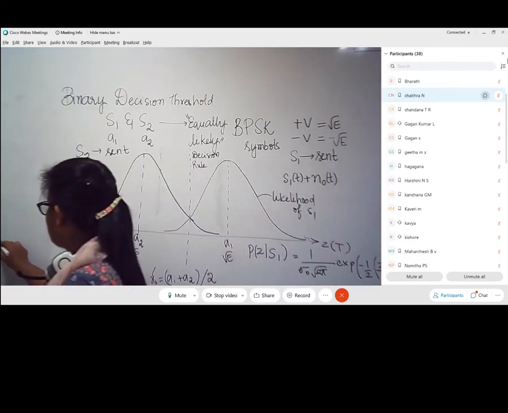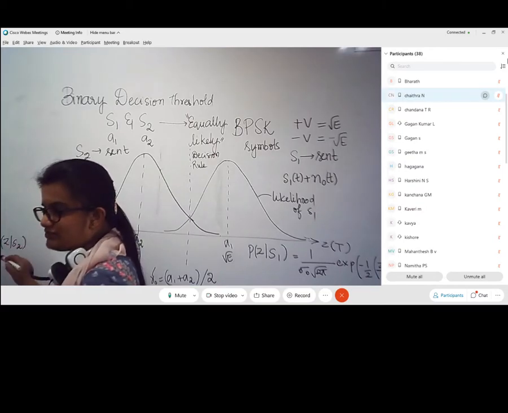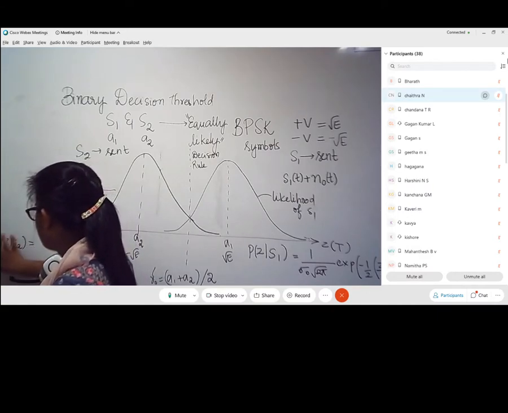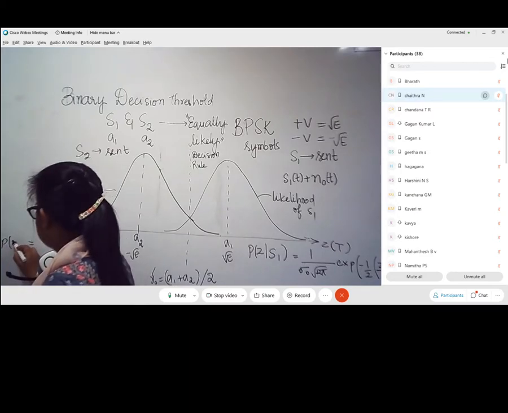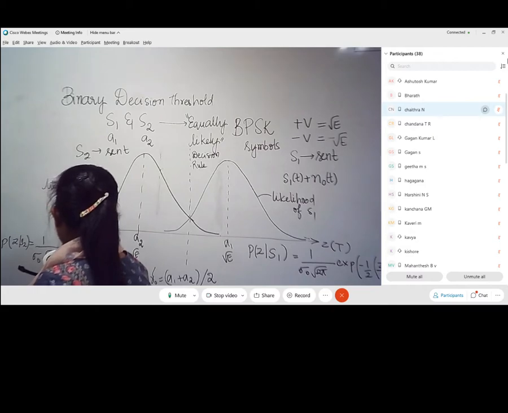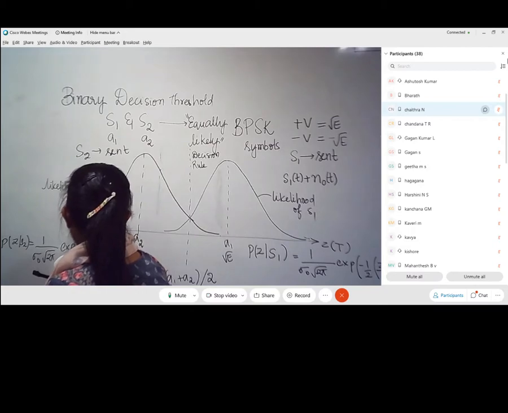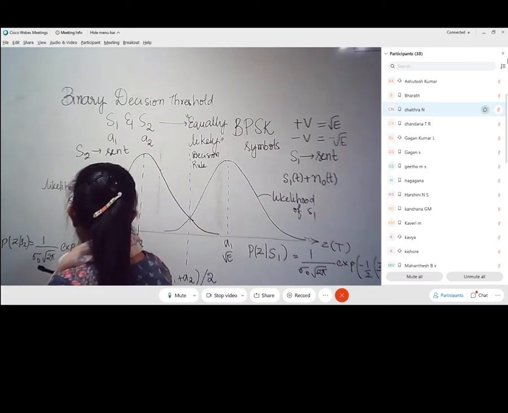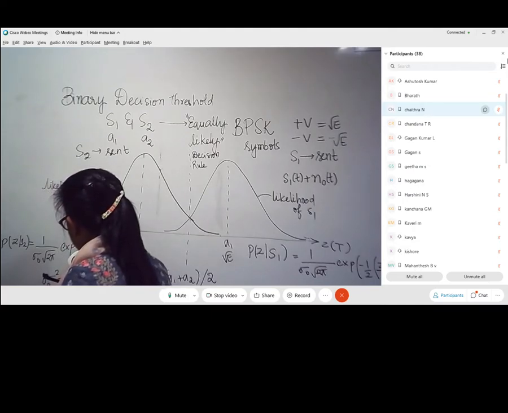If you write similarly the likelihood function for the leftmost case, it is P of Z given S2. The P is not visible, so let me rewrite. P of Z given S2 is equal to 1 over sigma naught times the square root of 2 pi, times exponential of minus 1 by 2 times ((Z minus A2) divided by sigma naught) whole square, as it is centered around A2, where sigma naught square is called the noise variance.